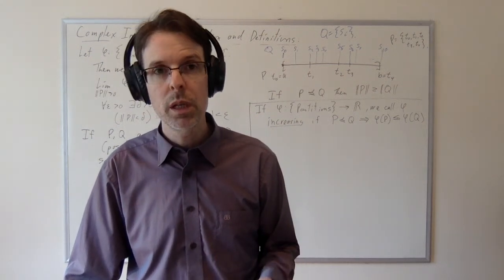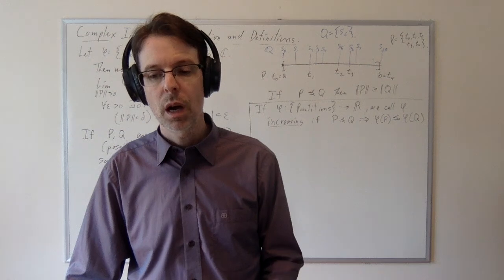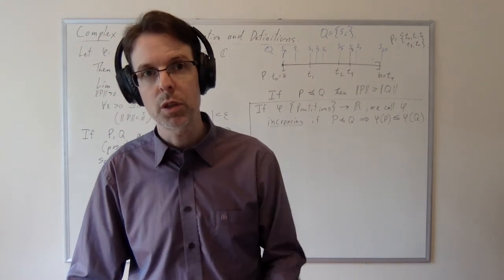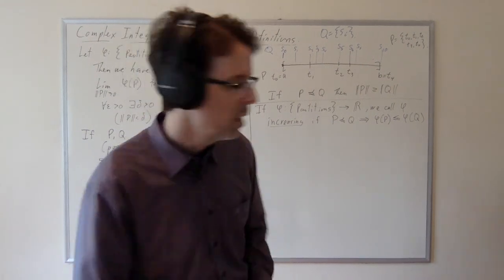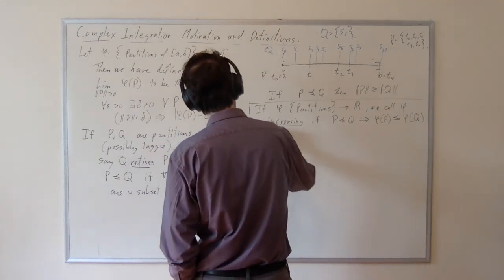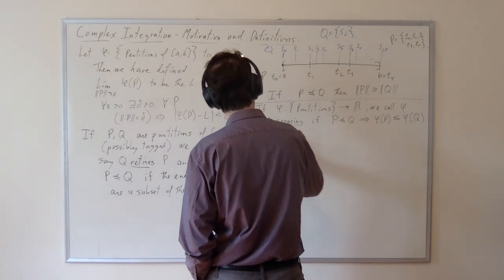But one thing that we do need is to know that if we have an increasing function, then the limit and the supremum are going to be the same thing. So let's state that precisely here. Theorem.